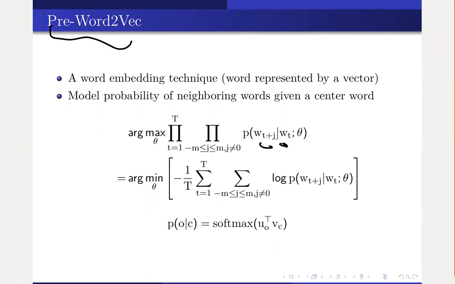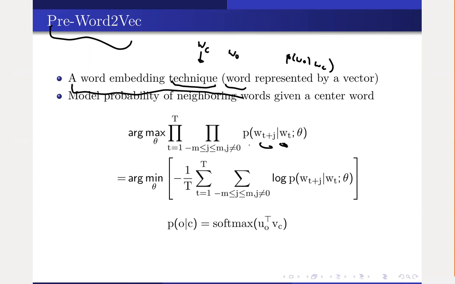Let's take a sentence here, and maybe this is a center word. I call it WC here, or in this case WT. And then a surrounding word, sometimes we denote WO. So we're trying to estimate this probability, P(WO given WC).